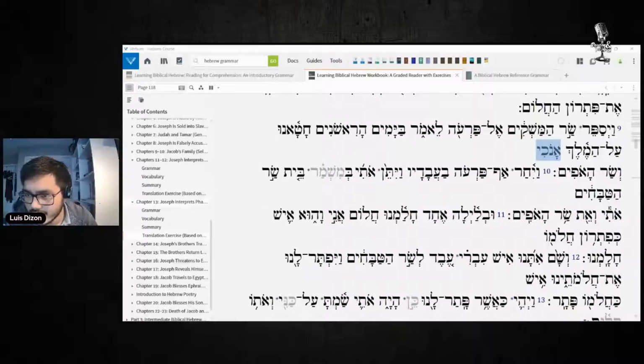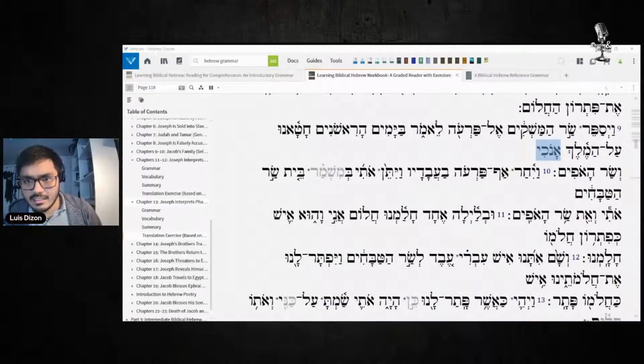So let's look at the verbs again. Vayesaper, again a vayiktol. It is a preterite, third person masculine singular. And then lemor. So this is another thing that we haven't discussed yet. This is an infinitive. So infinitives will come up later on as another form of a verb, distinct from the perfect, imperfect, and the volitional.